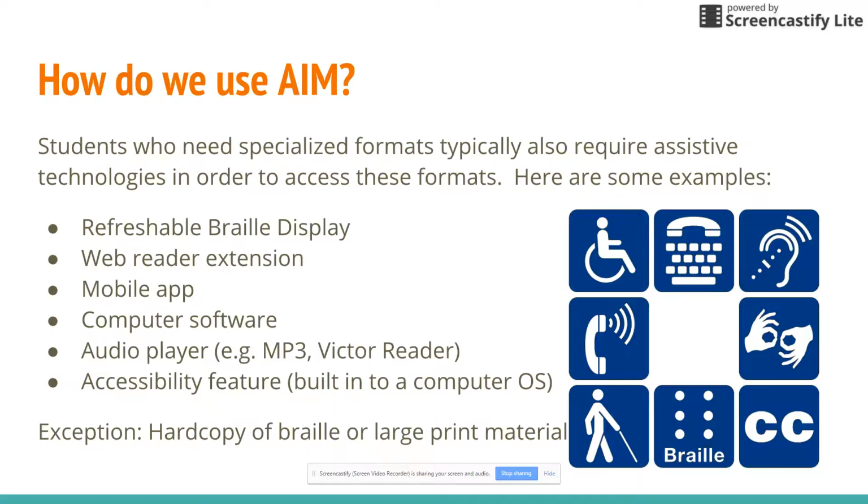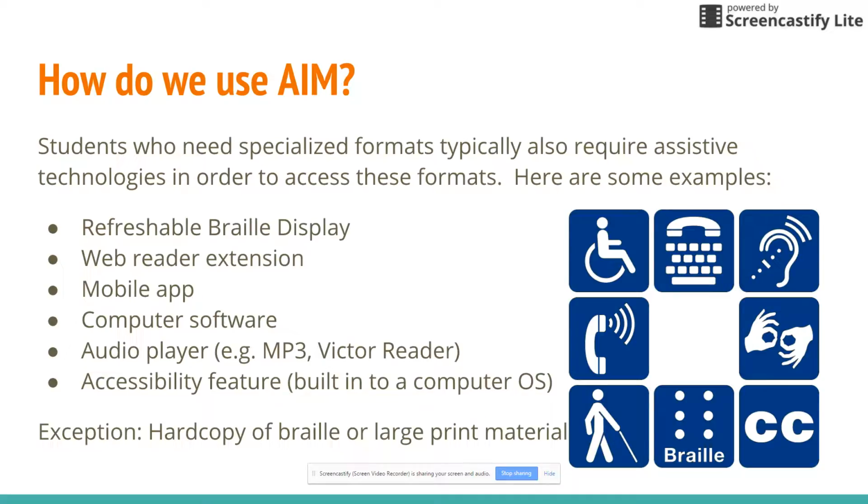An audio player, so something like an MP3 of a text that's being read aloud. Victor Reader is another device that students typically who are blind or visually impaired use to navigate through digital text or audio formats. And then accessibility features.